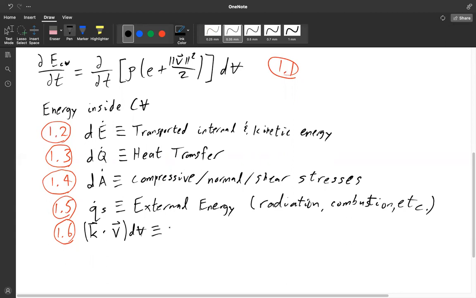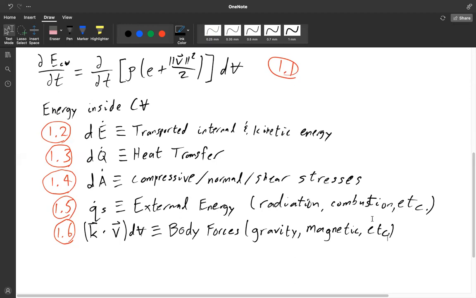And these are the body forces, like gravitational, gravity, magnetic, etc.